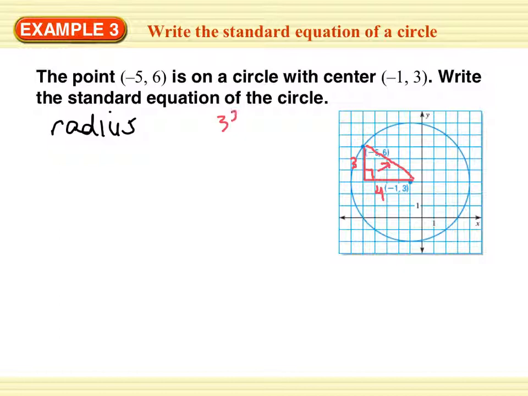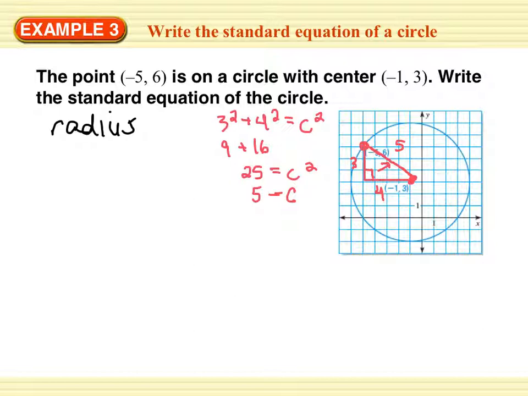So 3 squared plus 4 squared equals c squared. 9 plus 16 is 25. c equals 5. So my radius of the circle is 5. It's the distance from the center to a point on the circle. So this one's easy.